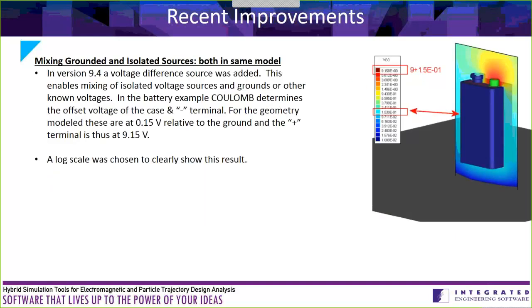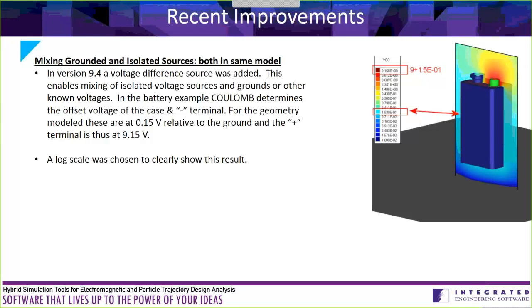So we introduced a voltage difference source to accommodate this, and what it lets you do is to set one object as a reference and another object as a voltage relative to that reference, and now we can actually generate this.